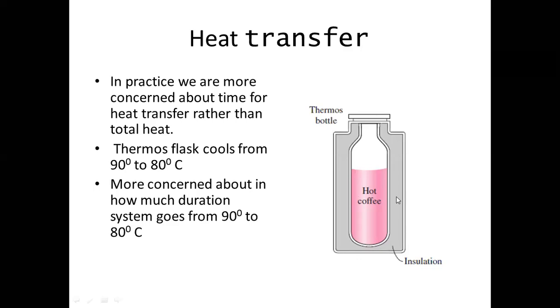If the insulation is perfect, then more time will be required. If insulation is not perfect, then less time is required. In case of a thermos flask, we require more time. Ideally it should stay at 90, but practically it is not possible. Hence, more time should be there, and we have to design a better insulation.